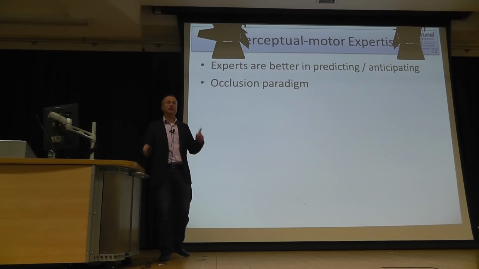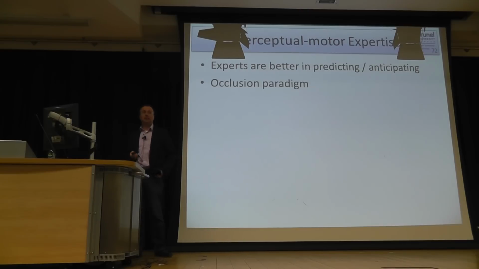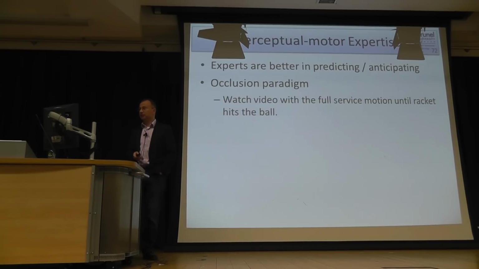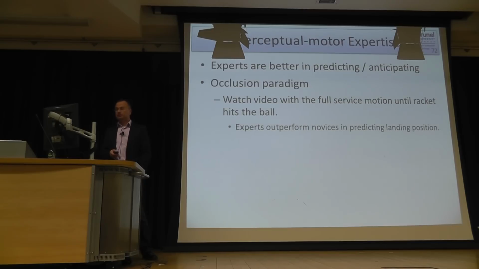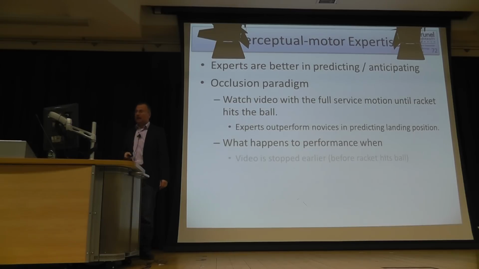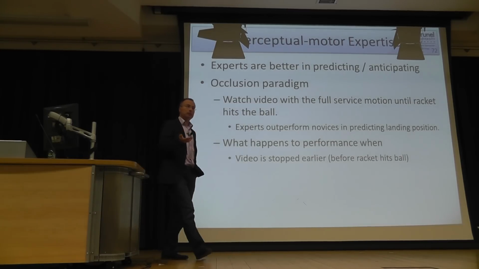And here you can see that the experts are much better. They use a lot of information already before the ball actually moves, such as body posture and things like that. And now you can try a couple of manipulations.